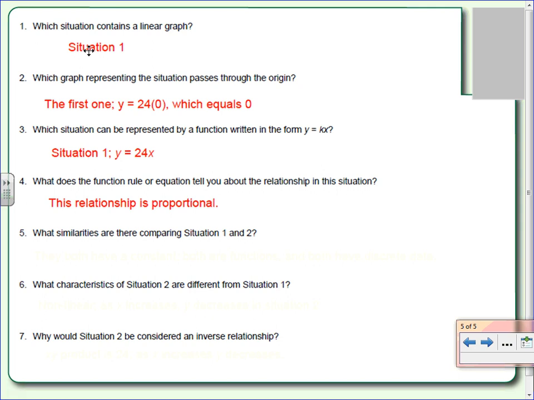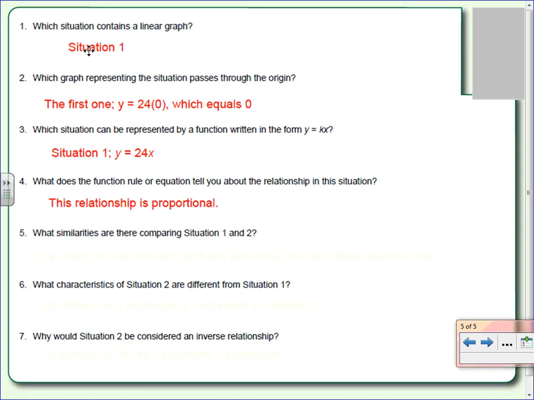Was the first one a function? Look at that. X's don't repeat. What do you call that when the X's don't repeat? A function. Did we say both of them were functions? Look at your paper, guys. We wrote it down. Yes, it's the first situation. Was it a function? What about the other one? Was it a function?